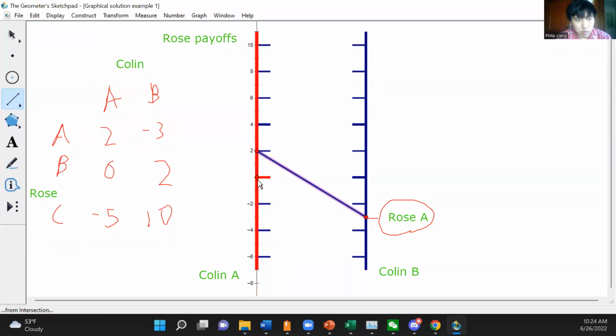Rose B ranges from 0 if column plays A to 2 if column plays B.